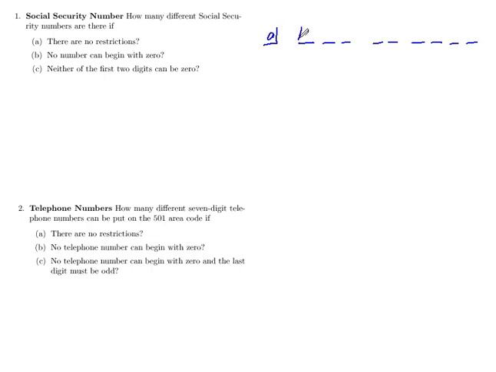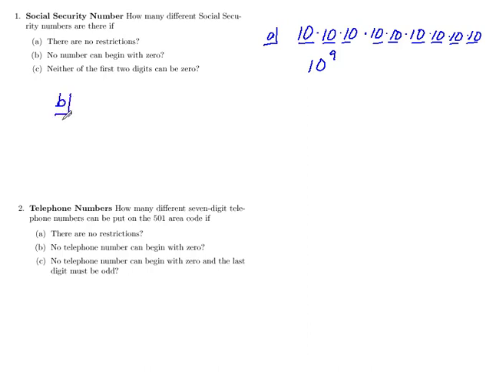So if we think about this, each digit, or each spot, has 10 choices. Or in other words, 10 to the power of 9.